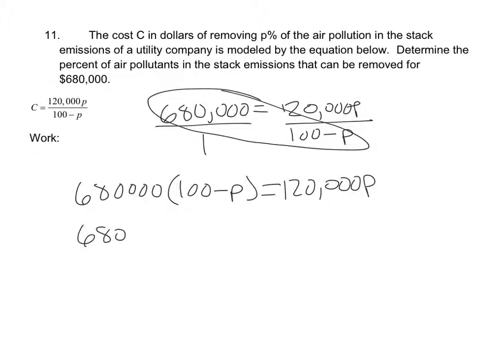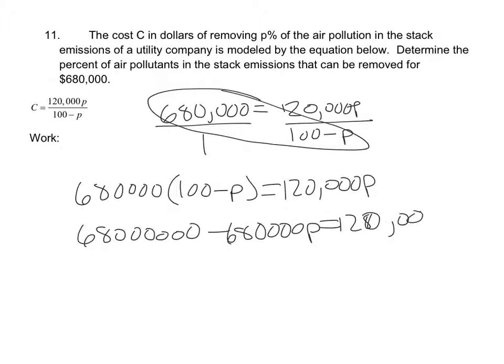So multiply that by 100, you add 2 zeros. Then you have 680,000 P equals 120,000 P. Add this over.